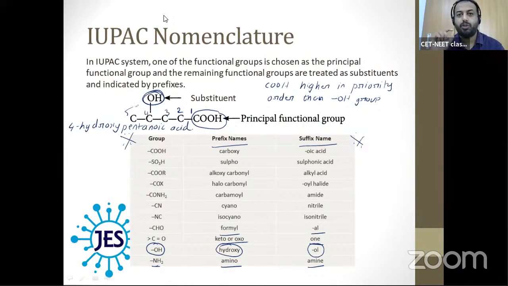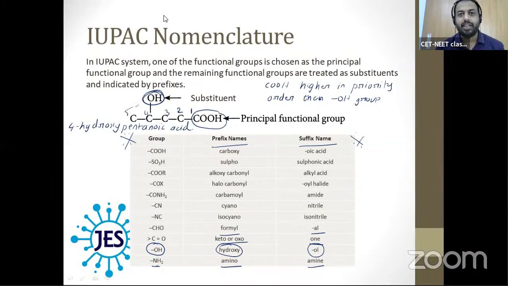But you have to be very careful here. When you treat a functional group as a substituent, you must not use its suffix name. There are special prefix names for it. For every functional group there is a suffix name and there is a prefix name. You must know when to use the suffix name and when to use the prefix name. When a functional group is treated as the main functional group, then it is given the suffix name. But when the same functional group becomes a substituent or is treated as a substituent, it is given the prefix name. Hope things are clear.